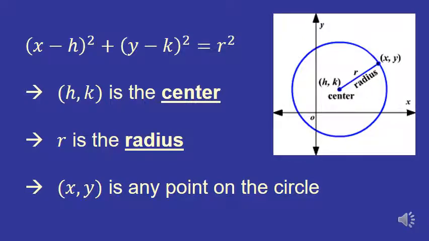At the end, it says r squared, and it should kind of make sense that r is the radius. The x and y, from your point of view, they're just the variables x and y, but they stand for any point that's on the circle at all. So again, that formula, (x minus h) squared plus (y minus k) squared equals r squared. (h, k) is the center, r is the radius, and x and y just means some point on the circle.